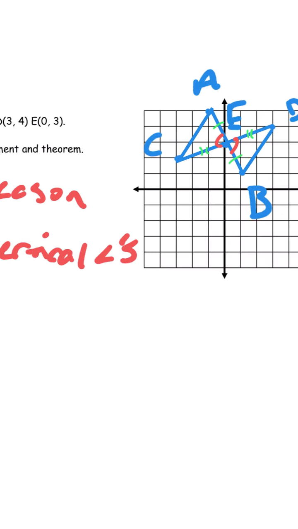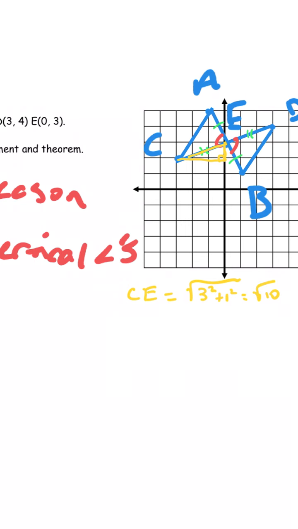So here's what it looks like when I do this. I'm going to show that CE is congruent to DE right now, and I'm going to create the right triangle for this. So my length of CE is 1 unit by 3 units. There's my right triangle and there's my hypotenuse. So 3 squared plus 1 squared, 9 and 1 is 10, so the square root of 10.